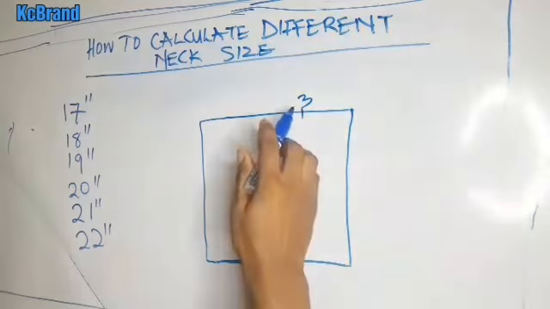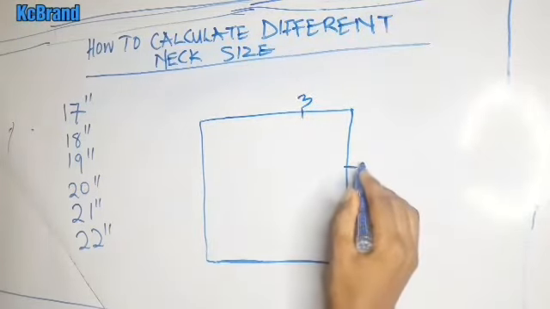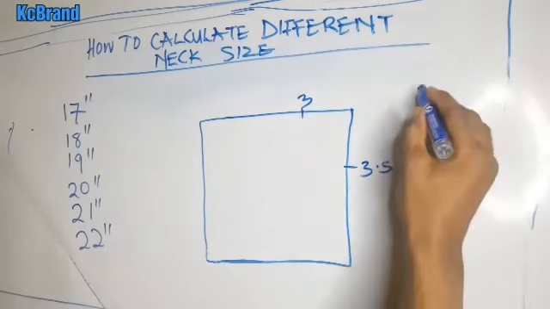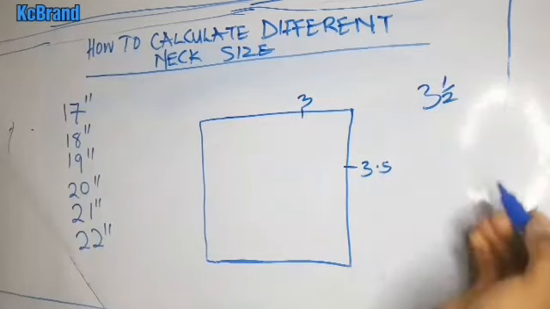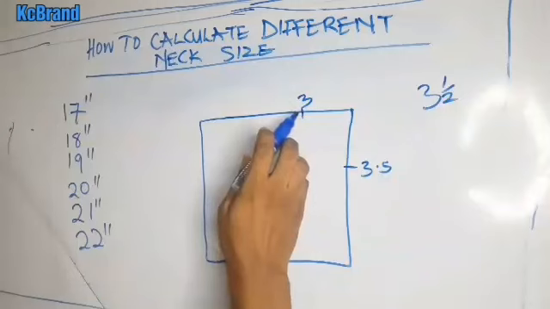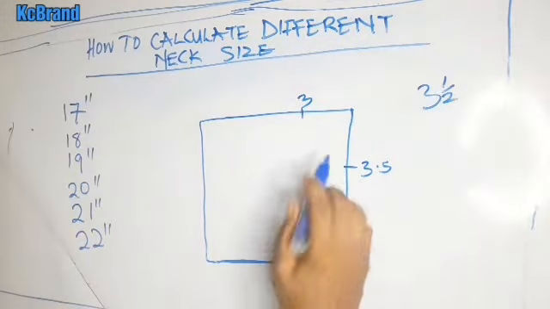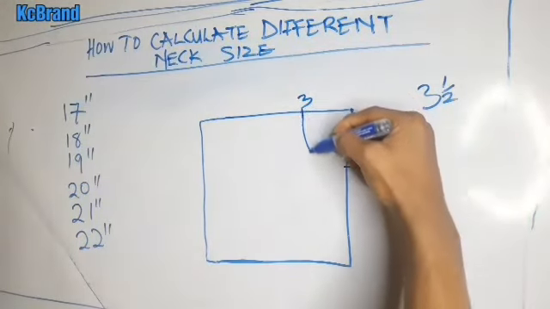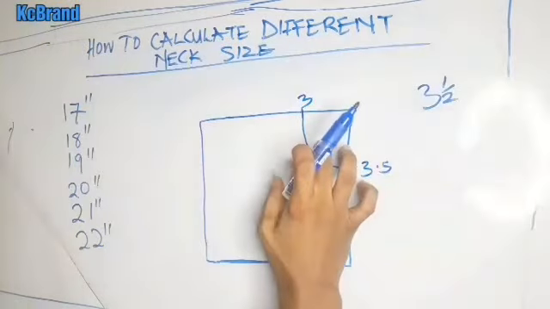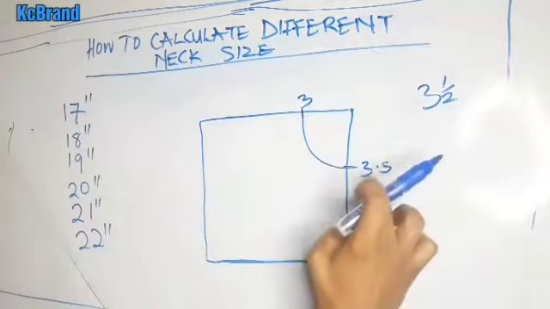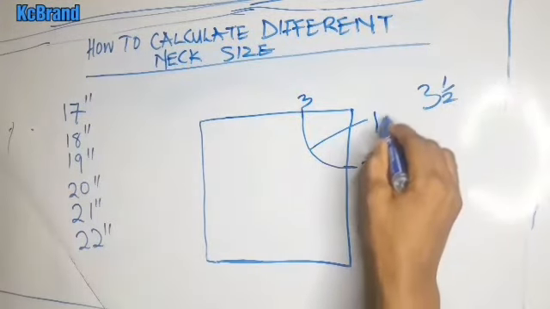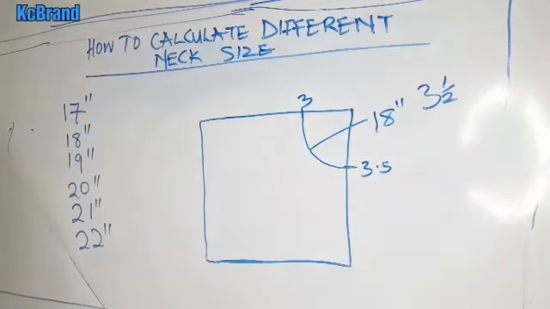So this is 3. At the side will be what? 3.5. You can write it as 3.5, or you do it like this. They are still the same thing. So if you're getting me, you said 3.5, then you curve it. So this particular measurement, 3.5, is for somebody that has a neck of 18 inches.